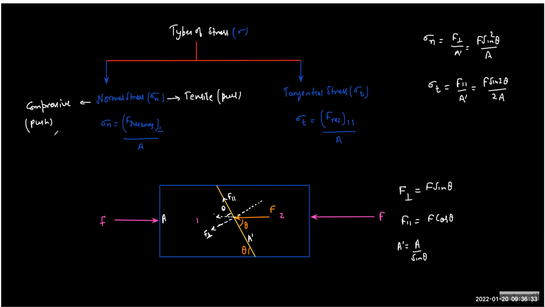Cement is most suitable for load bearing, or you can say cement can bear compression much easily. But it is not good with the sideways push, not good with the pull part or tangential forces. So it can only bear the load.